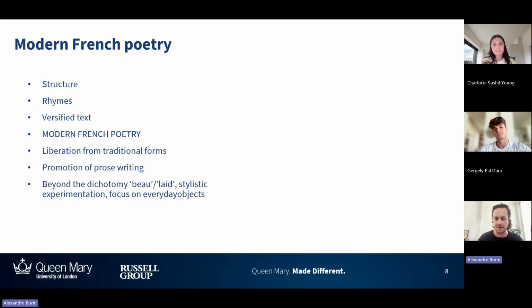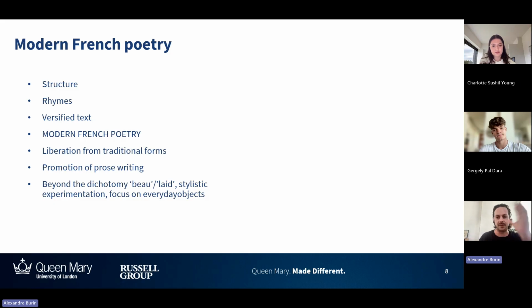We're not going to focus on this because I think it's too traditional, precisely. I think it's better to focus on modern French poetry and how it introduces a liberation from traditional forms and really heavily promotes prose writing.